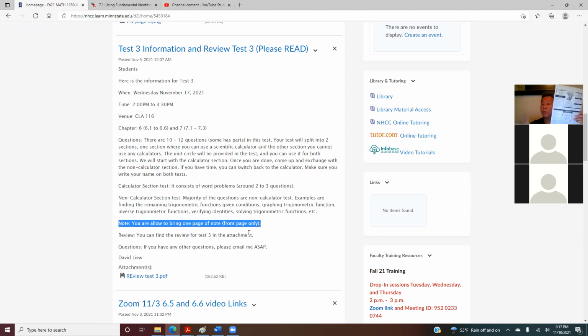You can type it out or write it out, as big or as small as you want. You can use this page of notes during your test 3, but make sure it's the front page only, the back page is blank. This is new, I just added it today. You can use this for both sections, calculator and non-calculator. So make sure you have that.